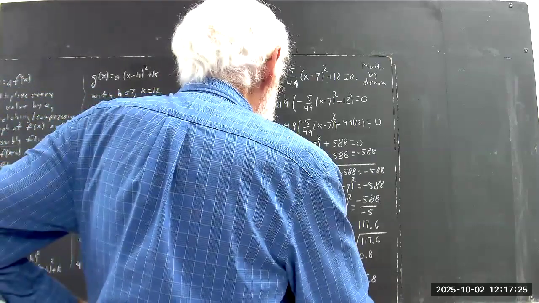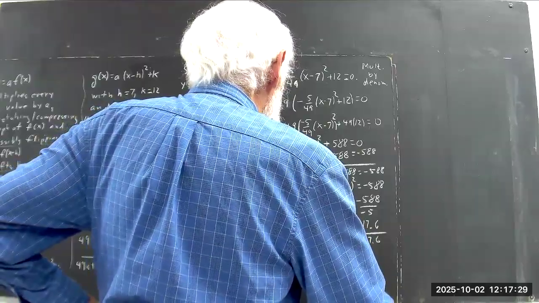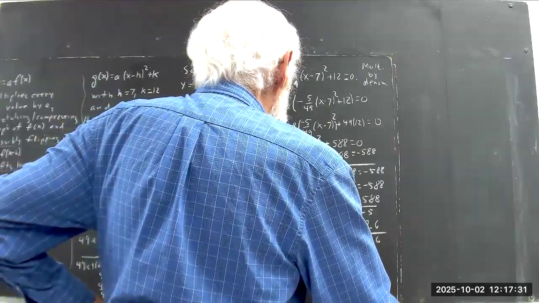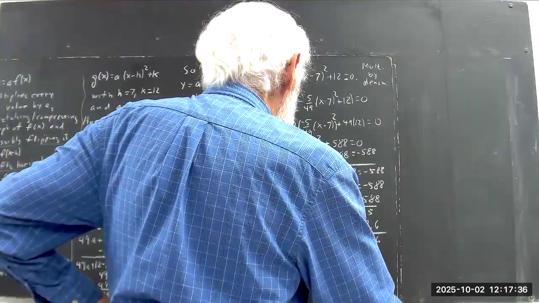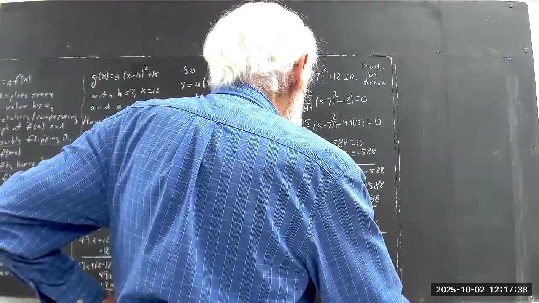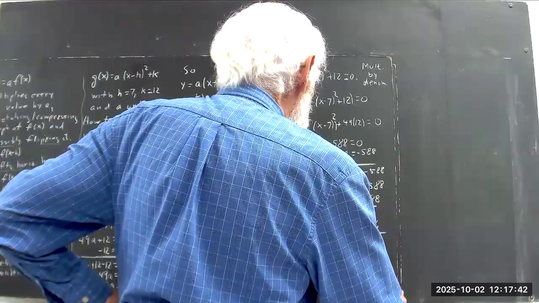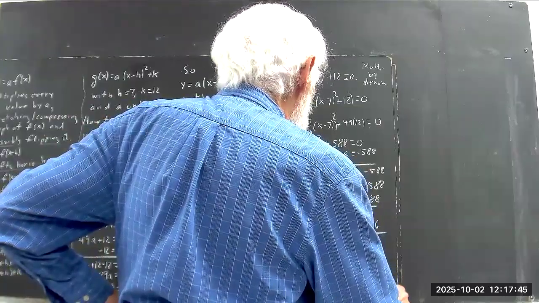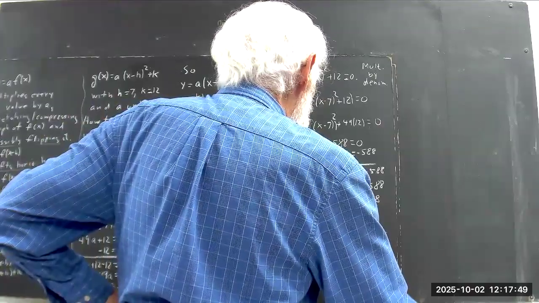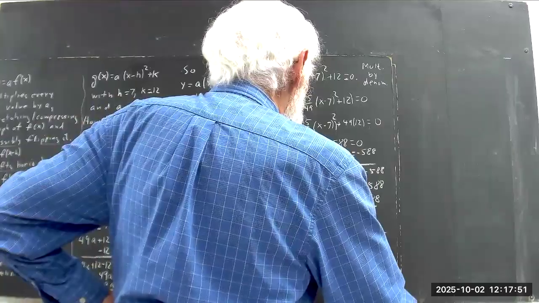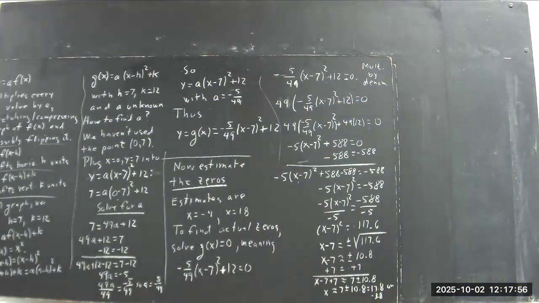So that x is approximately 7 plus or minus 10.8. That equals 17.8 or negative 3.8.